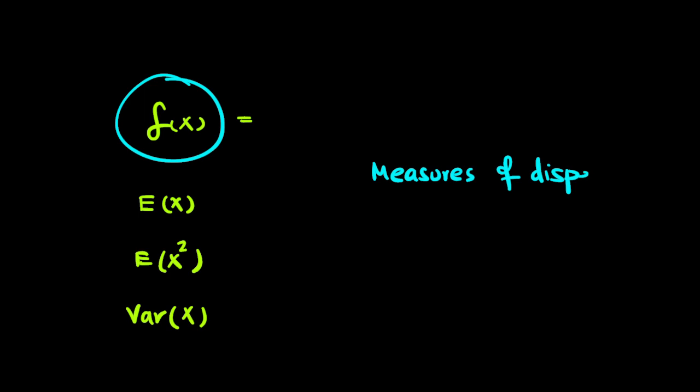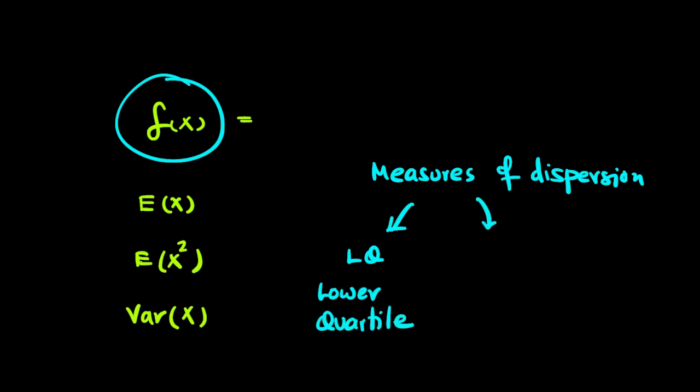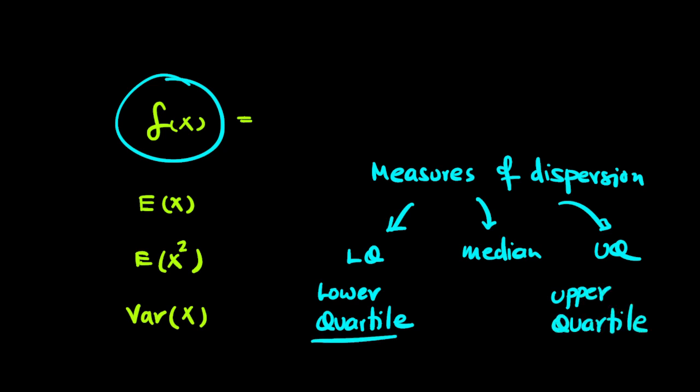The measures of dispersion that we will calculate will include LQ, that stands for lower quartile. We will be calculating the median. We will also be calculating UQ, that is the upper quartile, and based upon lower quartile and upper quartile, we will calculate the interquartile range.